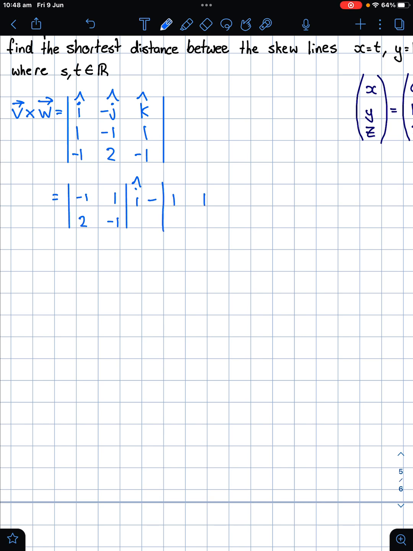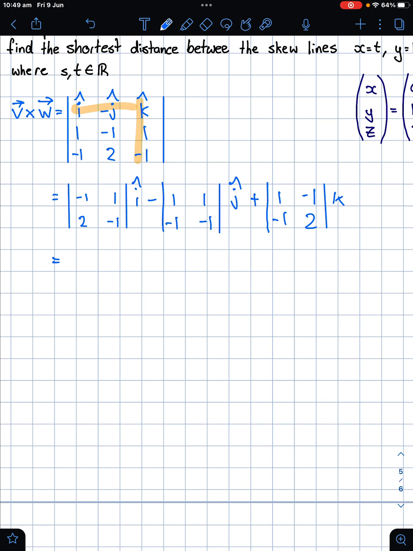So the first one is going to be -1, 1, 2, -1, then 1, 1, -1, -1. Remember, we cover the component we're finding, and that gives us our other value. Now we're on to our last one, which is going to be our K, using 1, -1, -1, 2, and that gives us our K component.